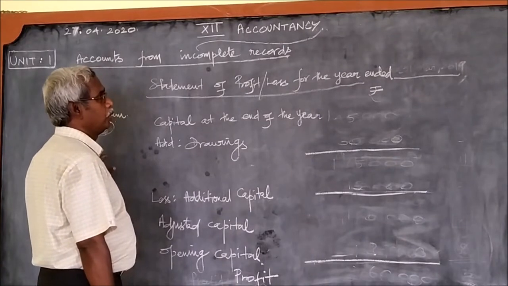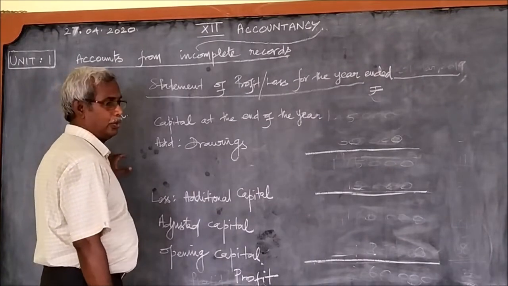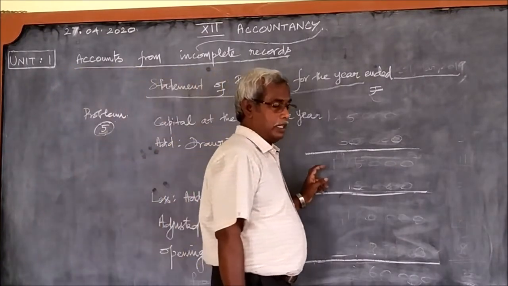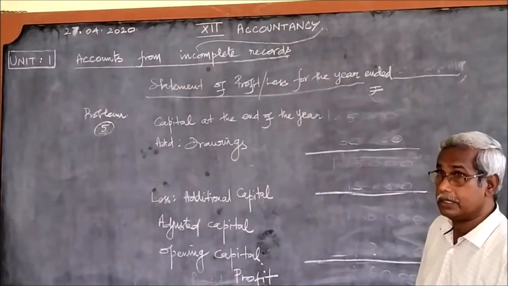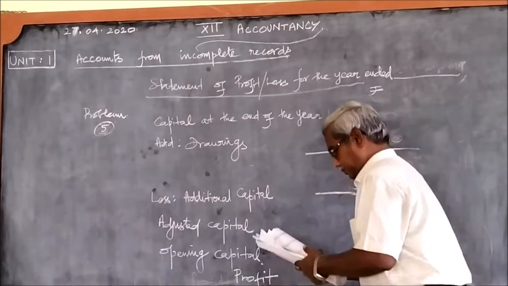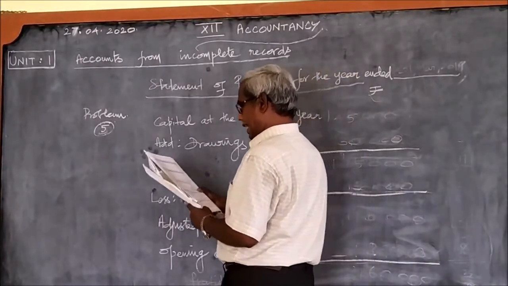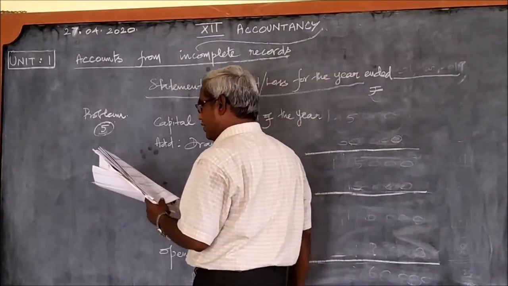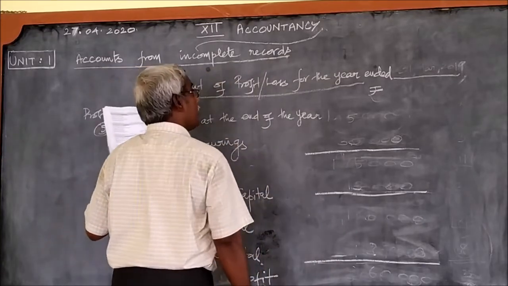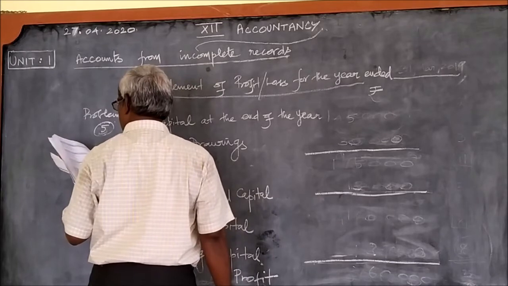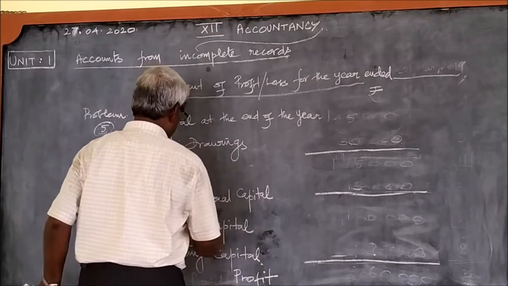Okay, we shall pass on to problem number 5 now. In this problem 5 also, capital as on 1st April 2018 is 40,000.